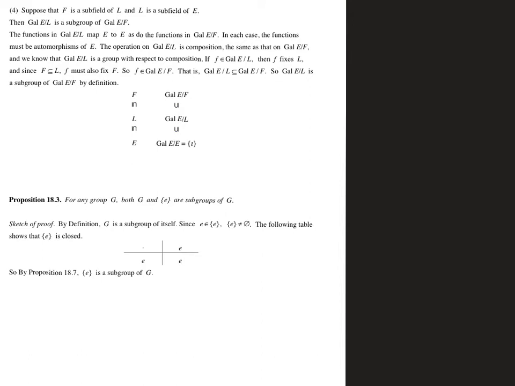So let's think a little bit more about this example. Let's start with a sequence of fields. We've got F contained in L contained in E. And I want to think about the automorphisms from E to itself that fix L and from E to itself that fix F, and the way those automorphisms are related.